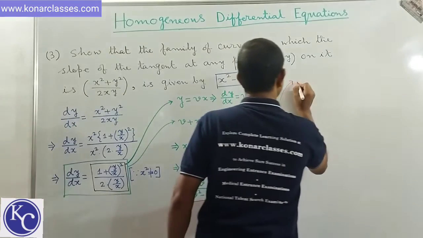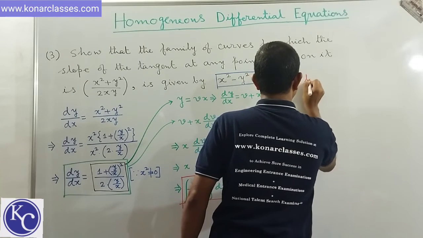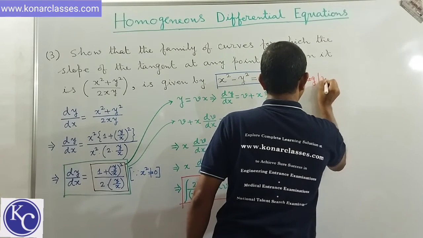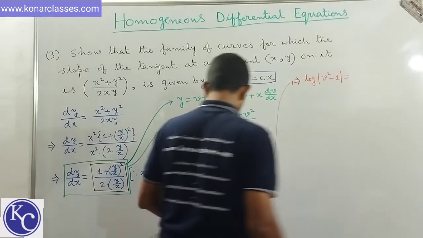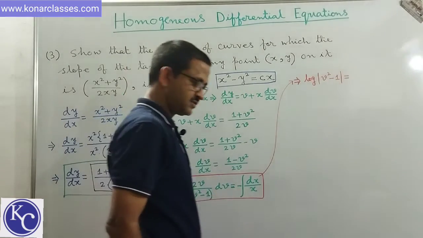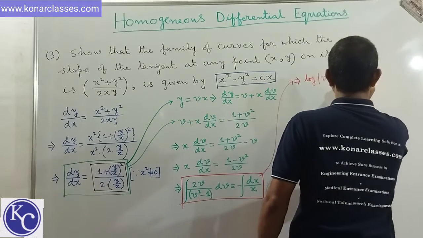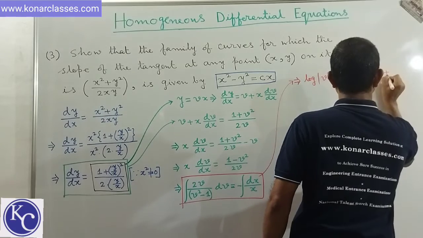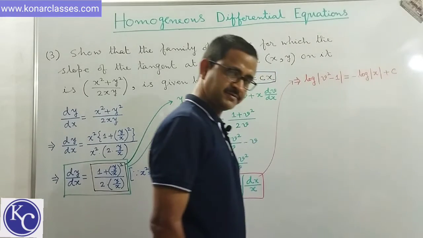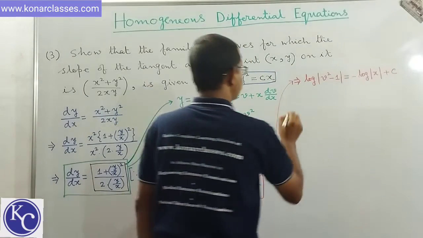So what we can write? This implies log of mod v square minus 1 is equal to minus log of mod x plus the integrating constant c, correct? So this implies what, dear students?